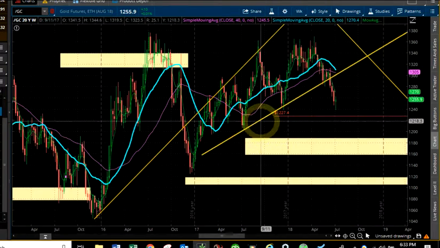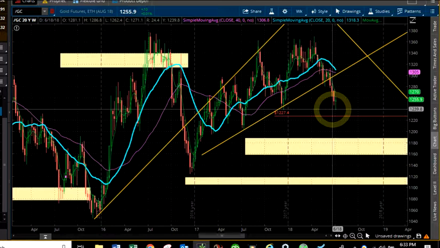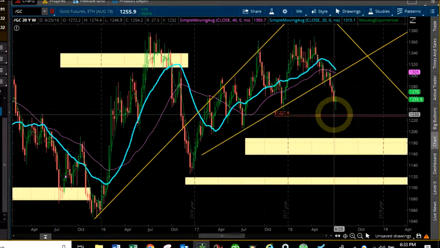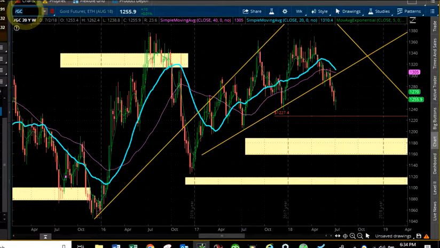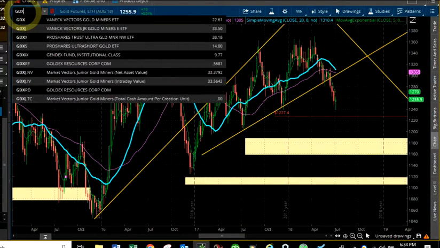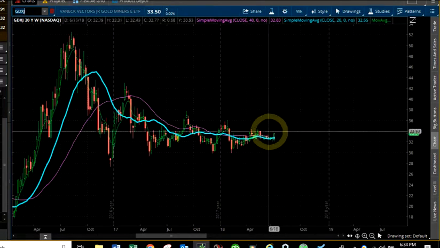Although gold broke through this trend line, it looks like it's trying to settle here, and it could go lower, maybe into this 1227 area. But if you look at something like the GDXJ, which is the junior miners, they're already starting to try to break out here.